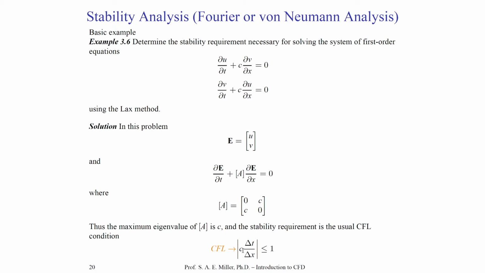We would have to take c, divide it by delta x, and make sure that we choose a delta t which is as close to 1 as possible but less than 1. This way we can ensure numerical stability of our scheme and advance in time as fast as possible. This is one example of using a CFL number to make the most computationally efficient scheme to advance in time, using, of course, the Lax method for these particular variables.